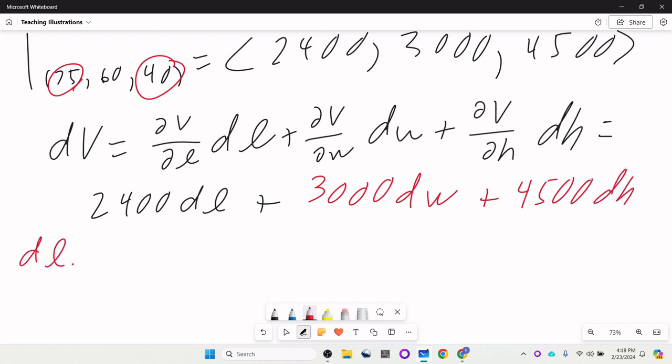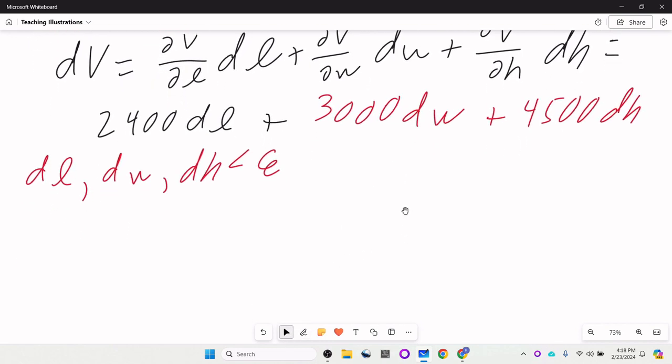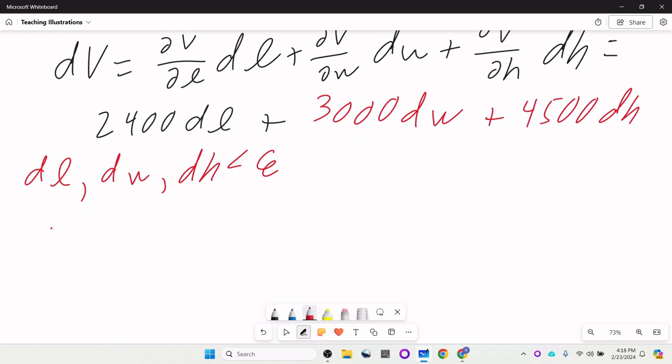Now, if we say dL, dW, and dH are all less than epsilon, and it could be that the three measures had different errors, but in this case we're saying they're all no greater than epsilon. So we would get dV is less than, add these together, 9900 epsilon.